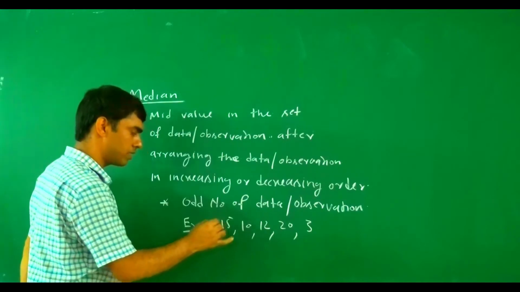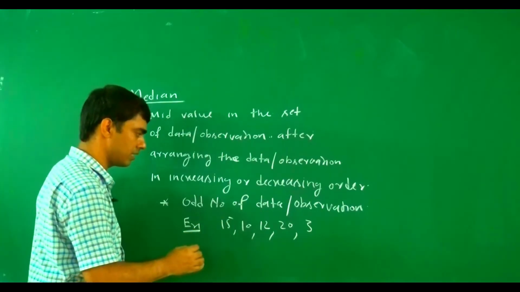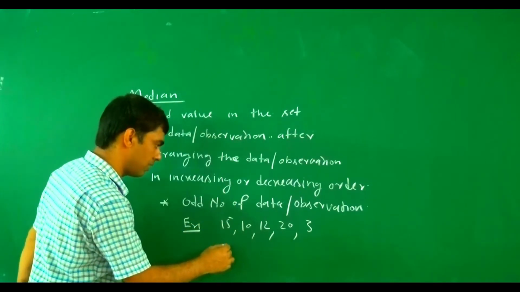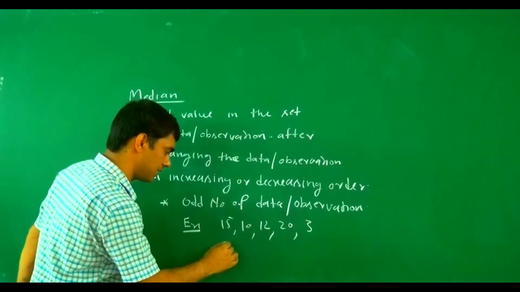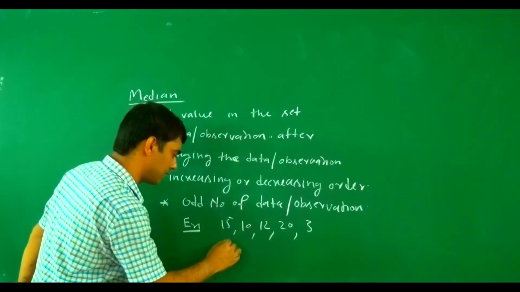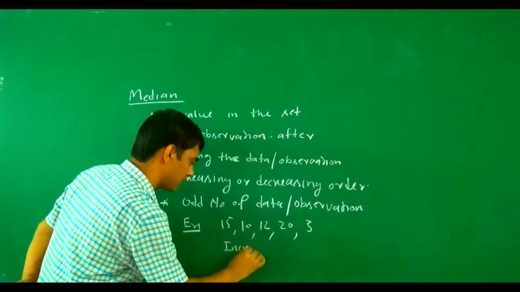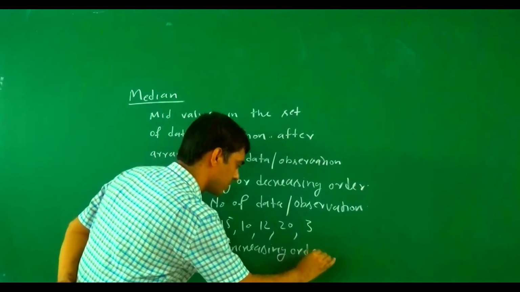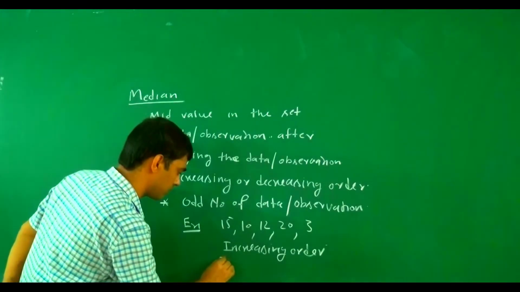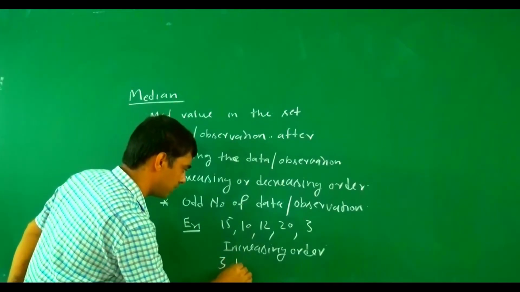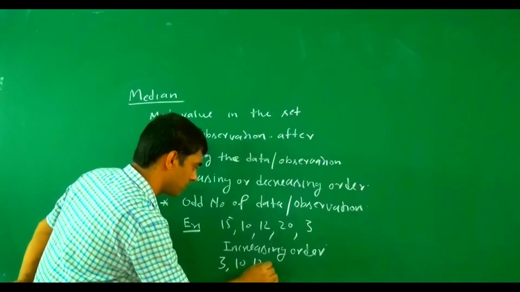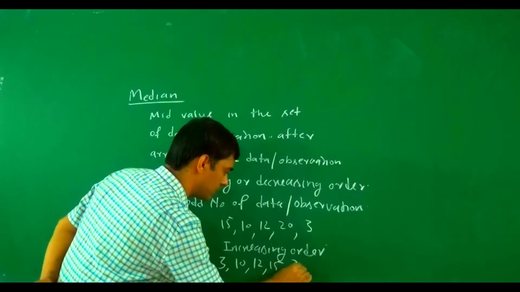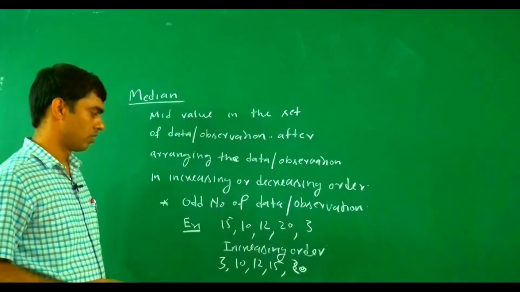So how do we find the median? First we arrange this in increasing order. The values in increasing order are: first 3, second 10, third 12, fourth 15 and fifth 20.